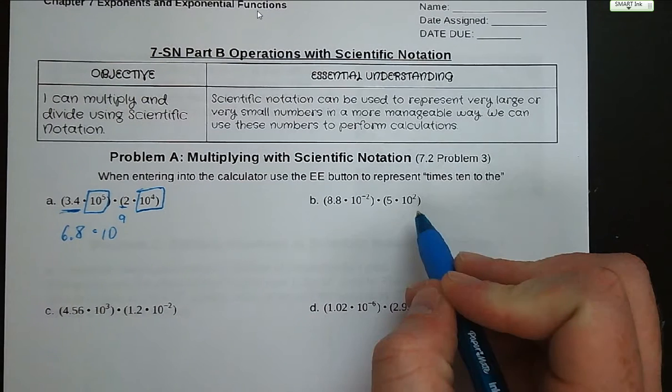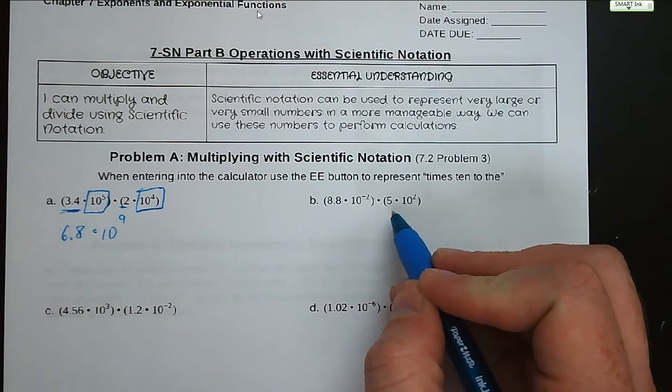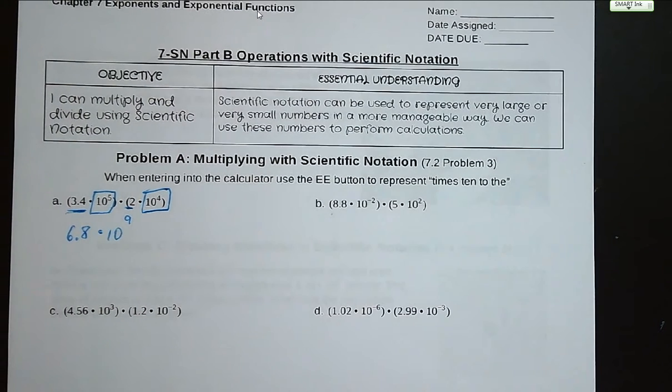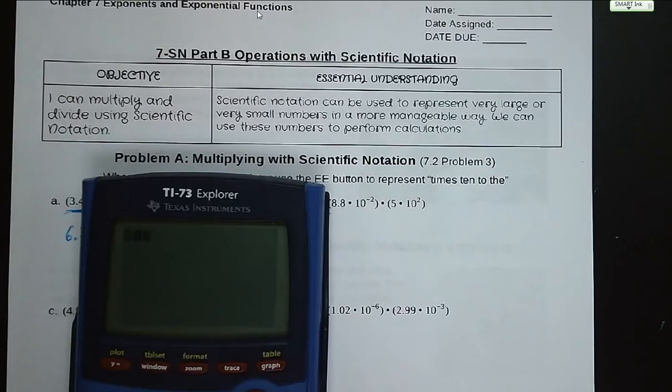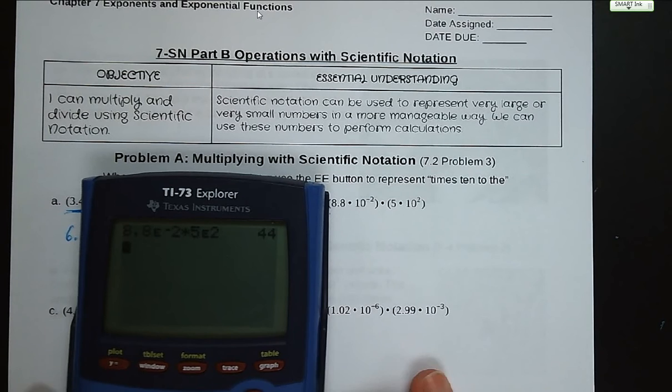Now, 8.8 times 10 to the negative second, so we type it in, 8.8 times 10 to the negative second times 5 times 10 to the second, that's going to be 44.